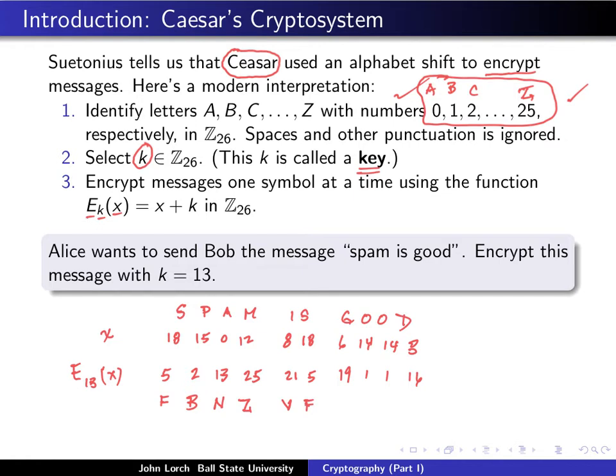And then T, B, B, Q. All right, so this is the encrypted version using Caesar's cryptosystem where the key K is equal to 13.